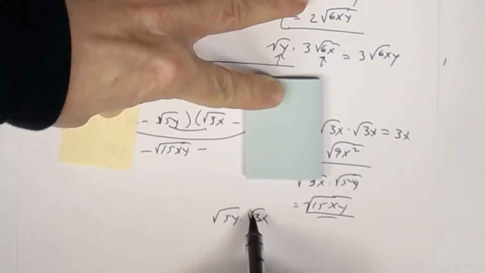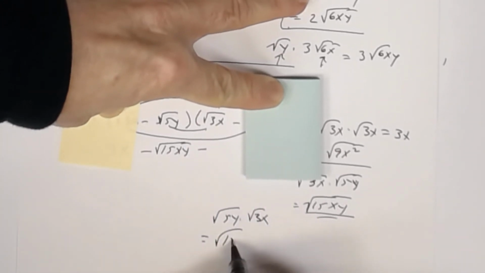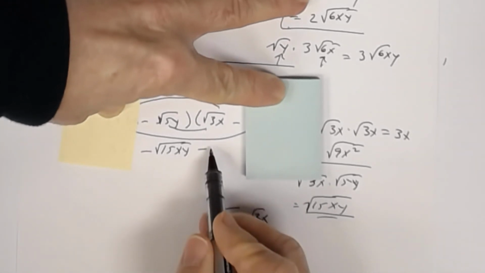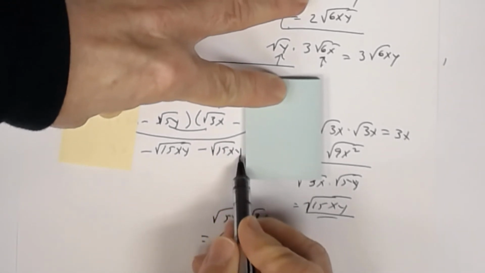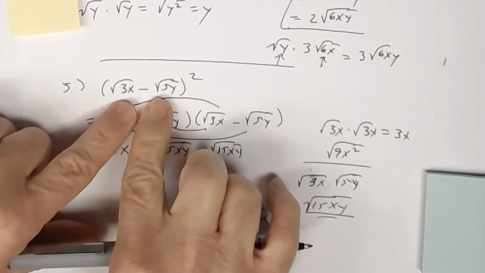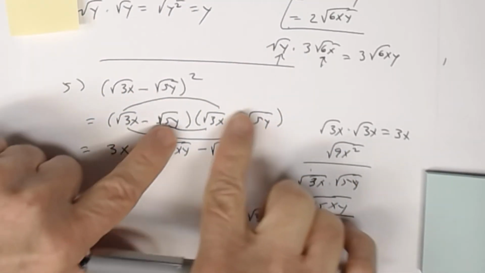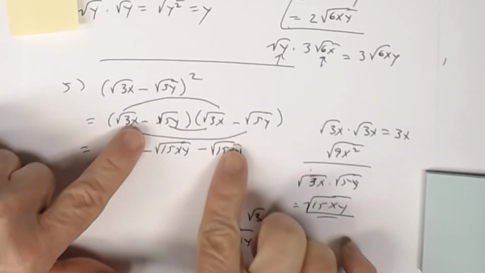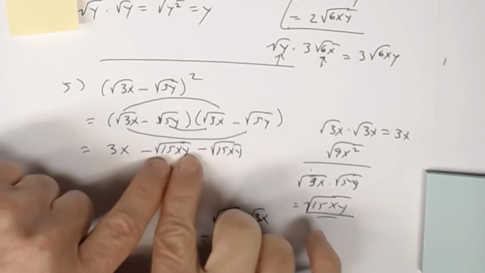This times this, which is the square root of 15xy. So minus the square root of 15xy. And remember you're squaring a factor with two terms. So see how those factors are the same? So the outer and the inner better be the same.